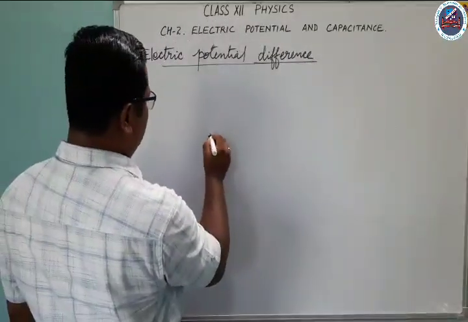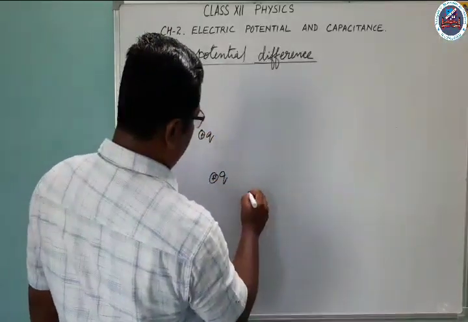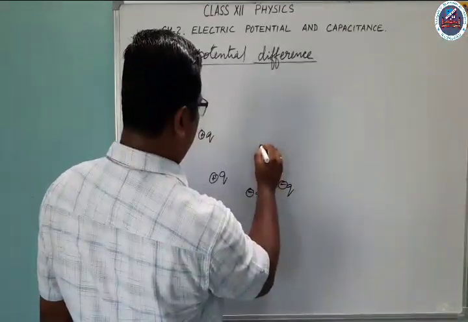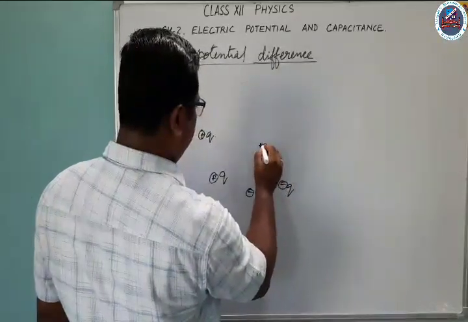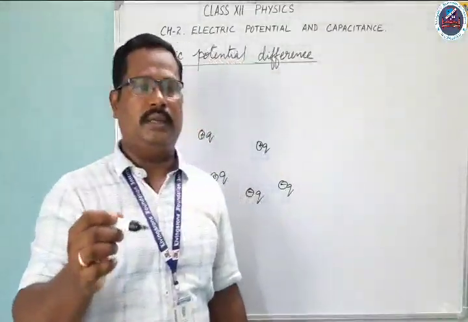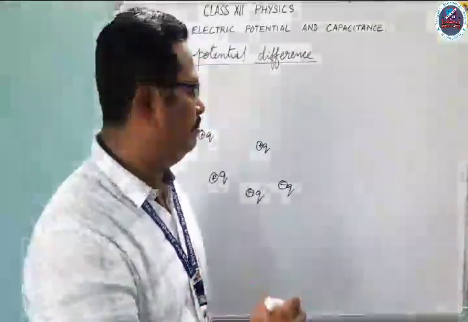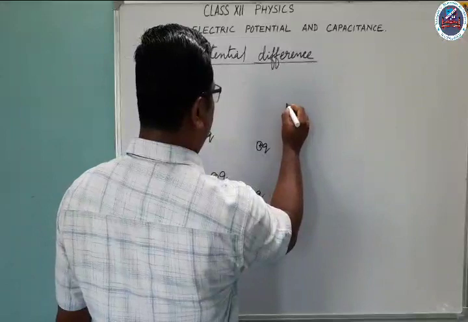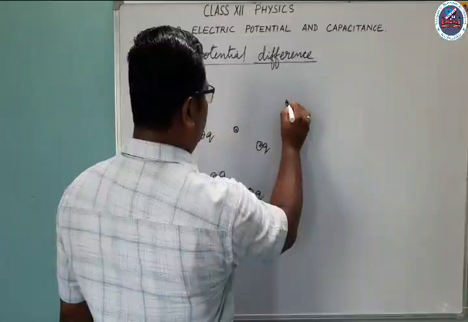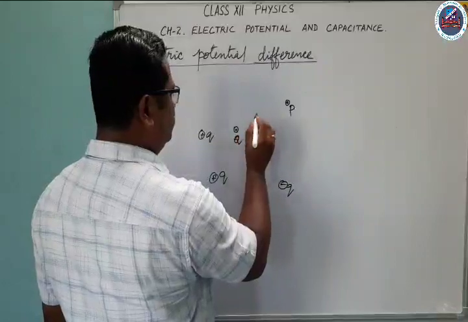Suppose there are many charges, some positive, some negative. In this charge region, suppose we do some amount of work in bringing a unit charge from one point to another, say from point P to point Q. Both are within the field region.